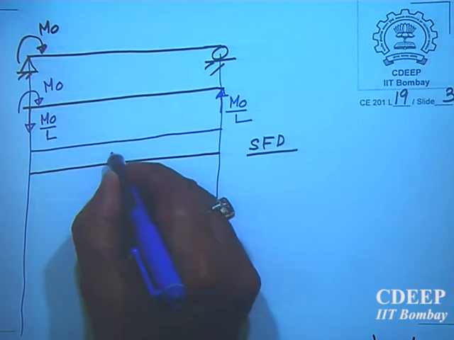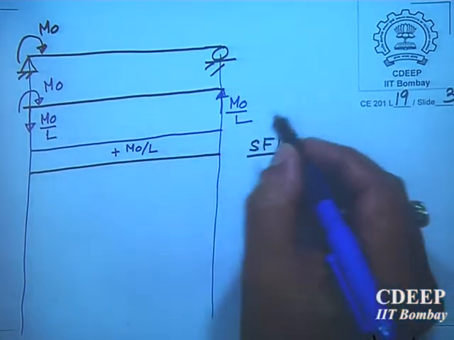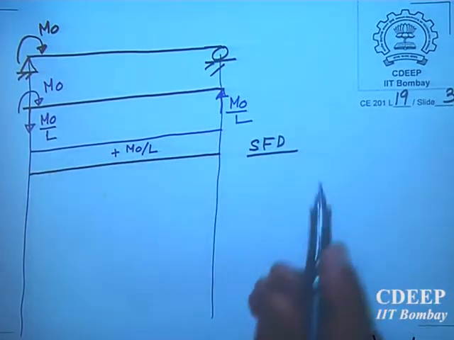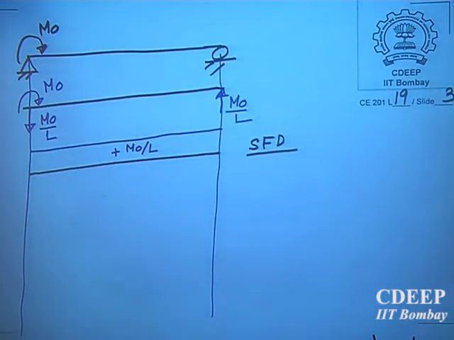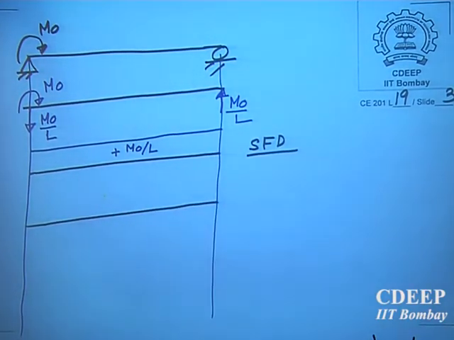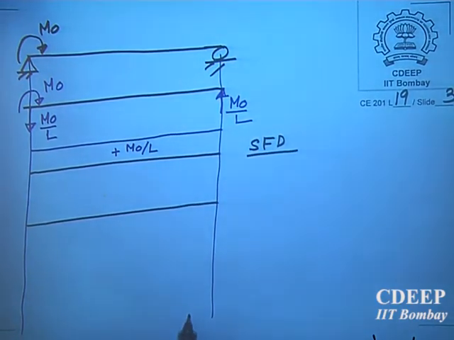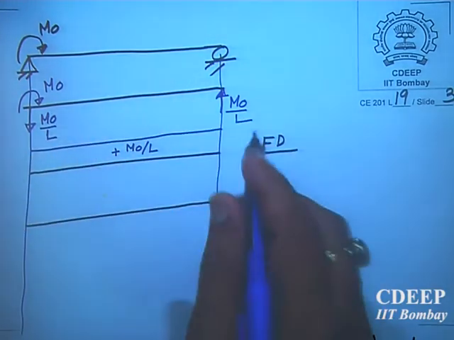So this is my plus m naught divided by L. This is SFD plus. What about bending moment diagram? Shear force you are talking, shear force or bending moment? Bending moment. Now tell me.